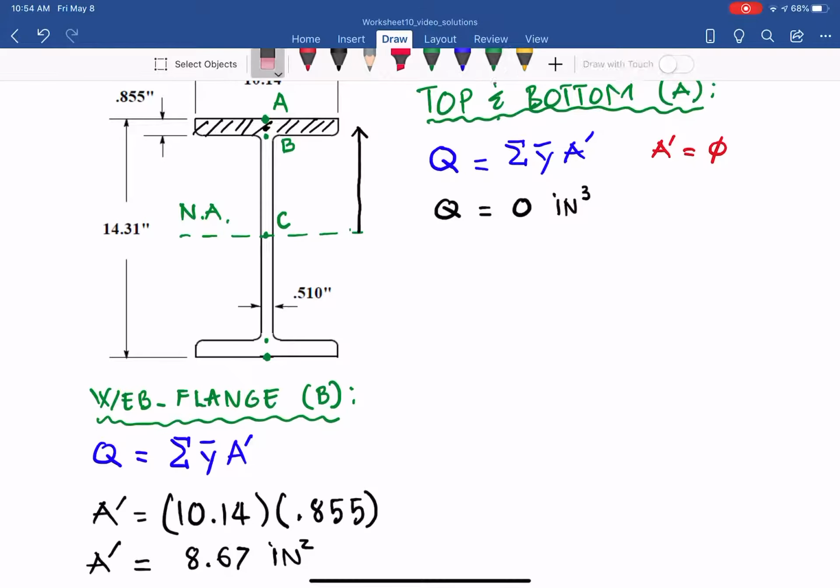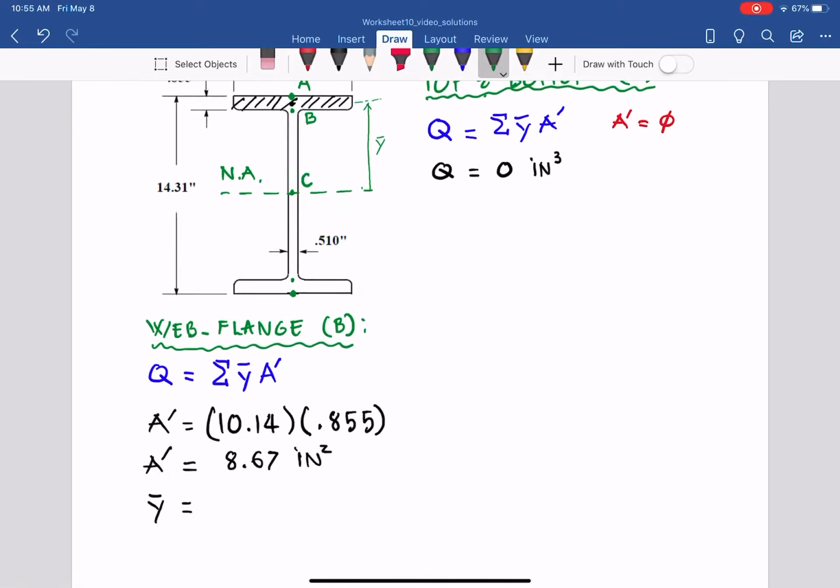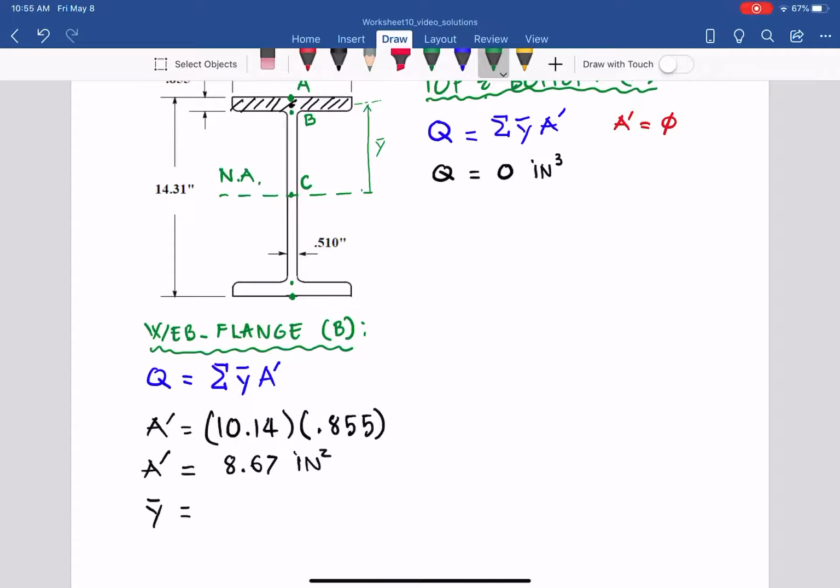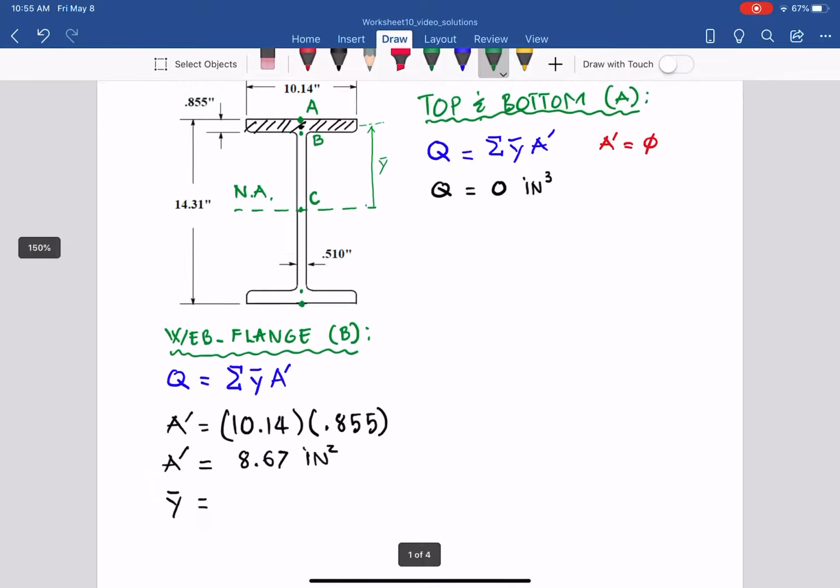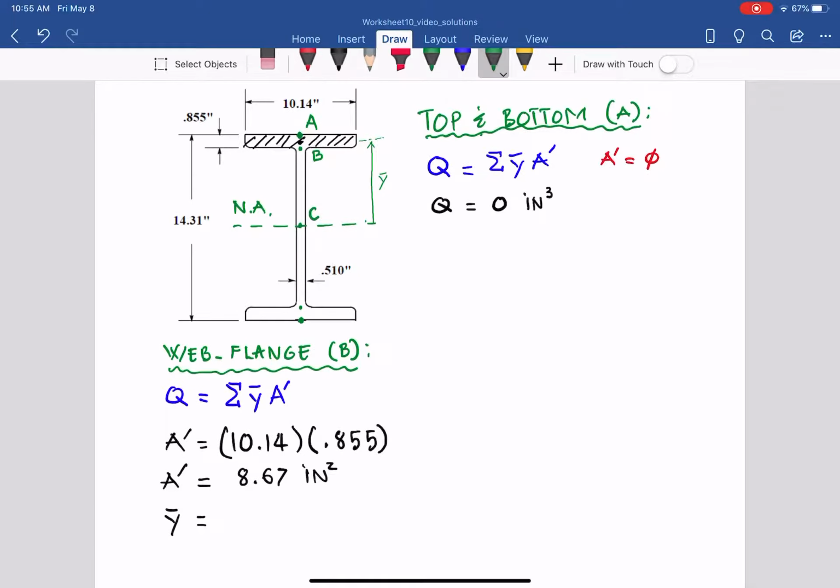Let's put in color there. So y bar for this problem, right? And for this, what is y bar for that one? And you can see it equal to what?